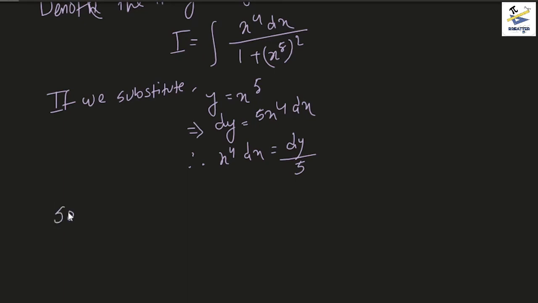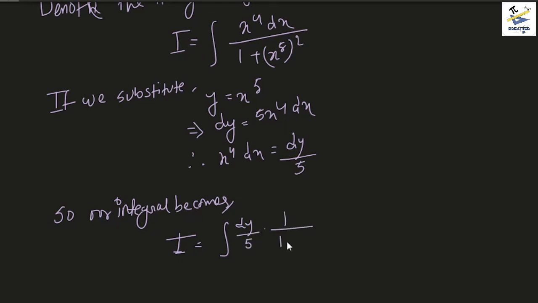So our integral becomes I equals the integral of, this thing becomes dy by 5, and the denominator just becomes 1 plus y square. So taking the constant outside, we get 1 by 5 integral of dy by 1 plus y square.